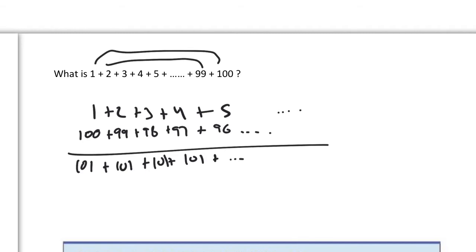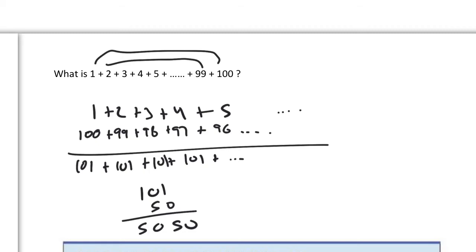And he knew that there would be 50 of those pairs. And so we would essentially have 101 times 50. And when he did that out, you end up with 5050, which is the correct sum.